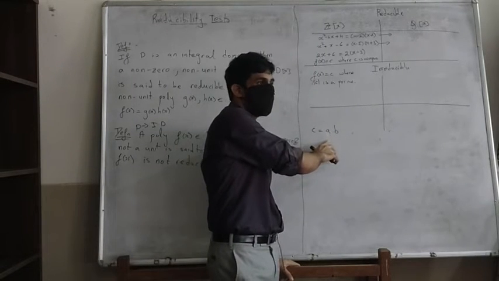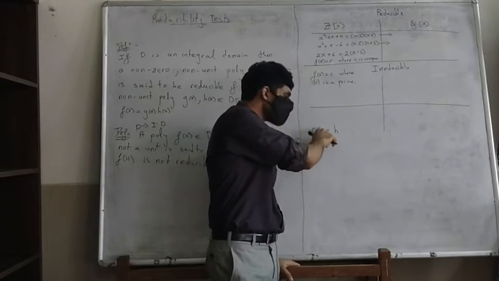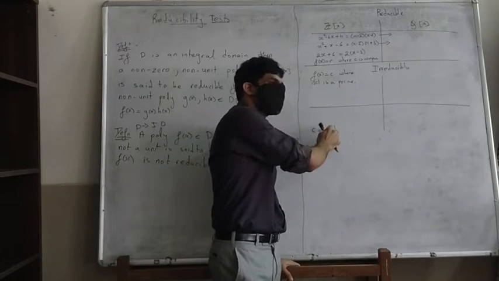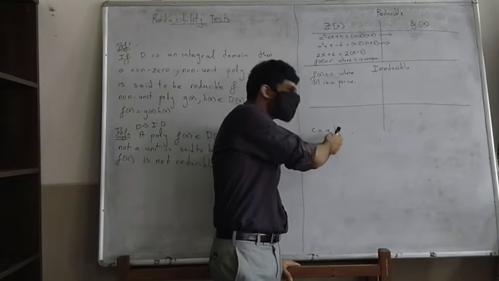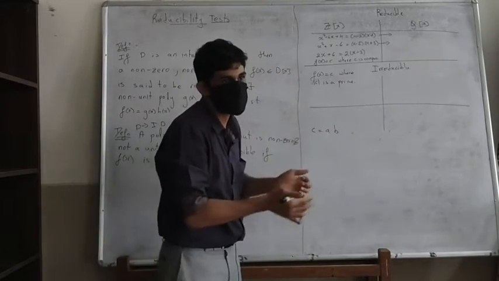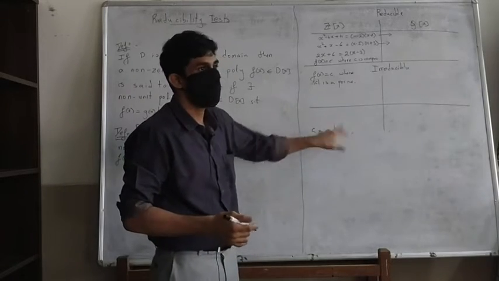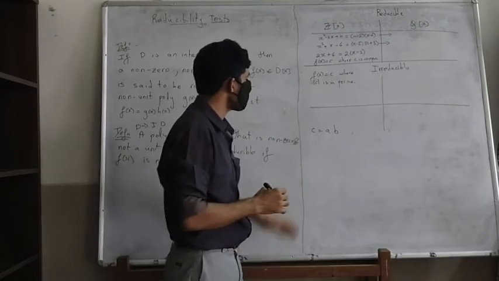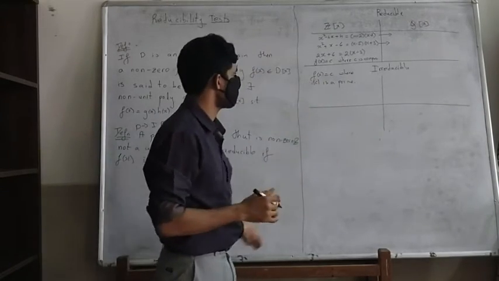That would make a a unit. But if a is plus or minus c, it will force that b is plus or minus 1, which will essentially mean that either a or b is a unit. So if this is a prime, this will tell us that this is irreducible.